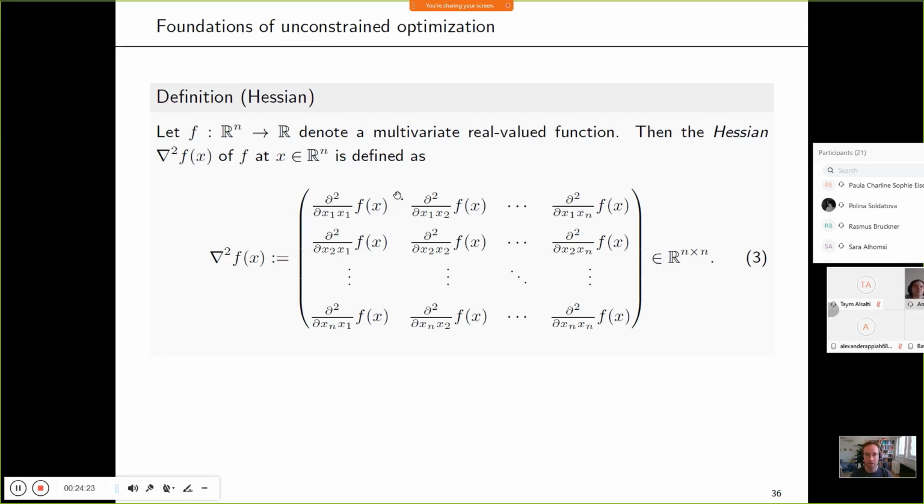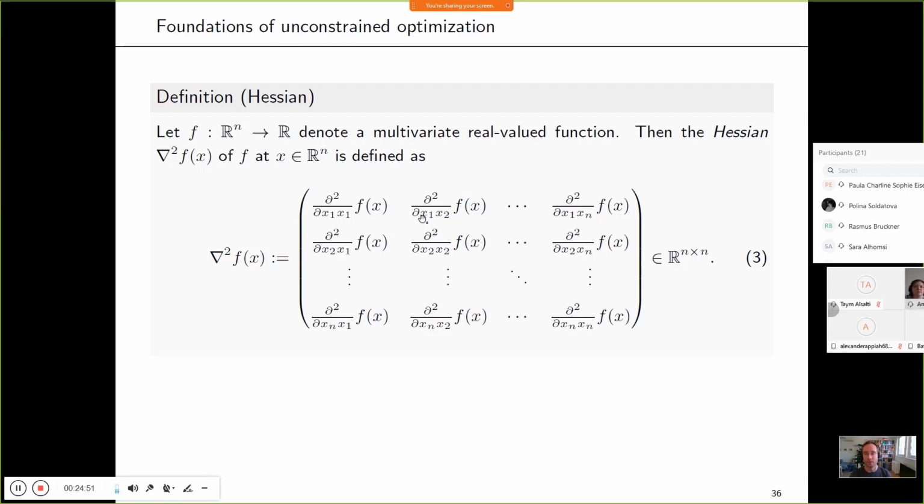So if again we have our 2x, then we would again compute the derivative with respect to x. So we would have 2 here, and then if we compute the derivative of 2x with respect to y, we would have nothing here, so we would have 0 here, if I'm not mistaken.